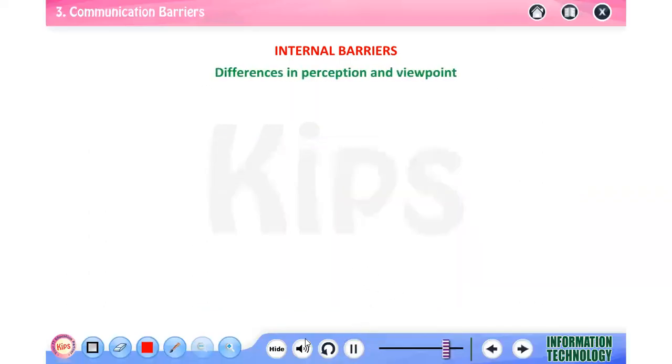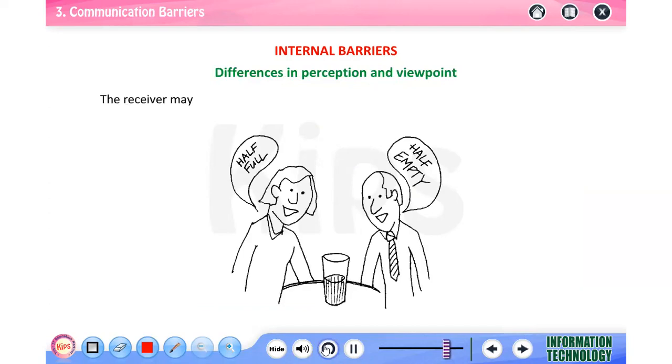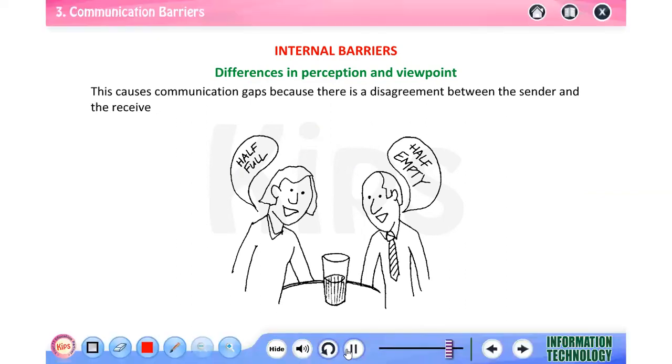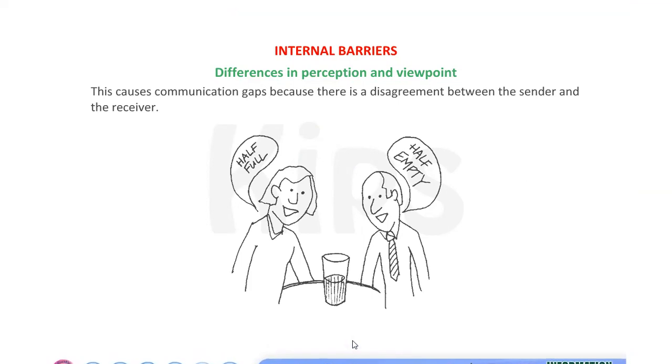Differences in perception and viewpoint: the receiver may not look at things the same way as the person who is communicating. This causes communication gaps because there is disagreement between the sender and receiver. This is an internal barrier.